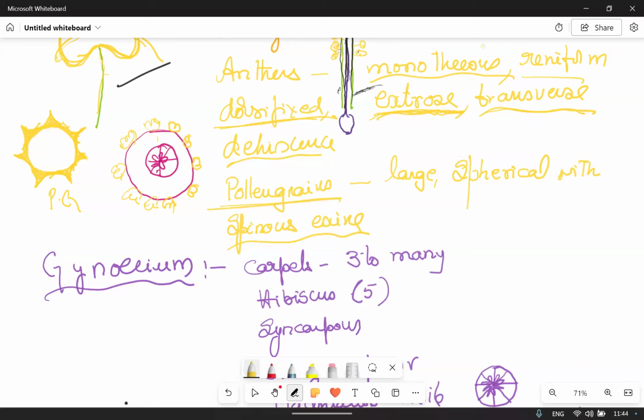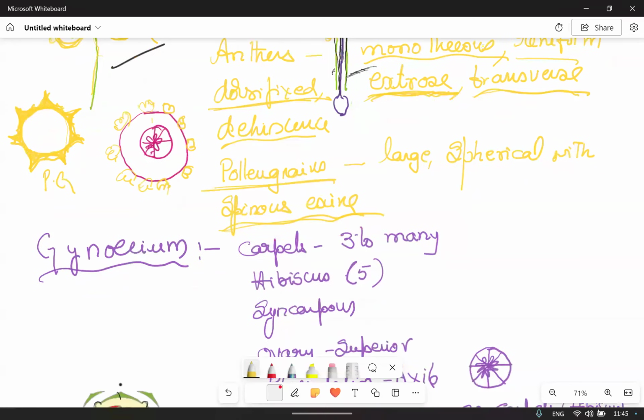This is the pollen grain, with intine and exine layers. The exine is a spinous exine. Important: spinous exine is found in Malvaceae members. Take Hibiscus, collect the pollen grains and observe, and you can see this spinous exine clearly.